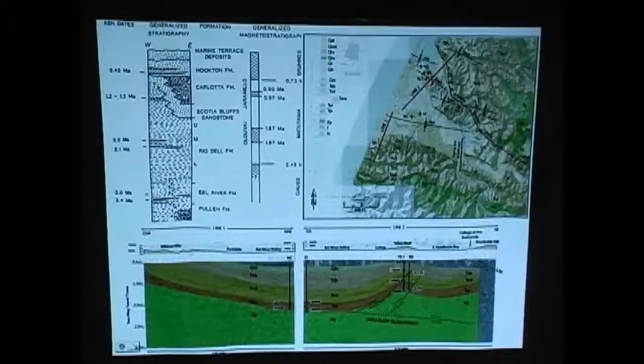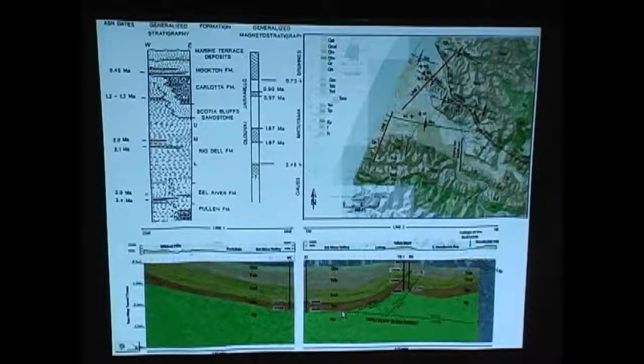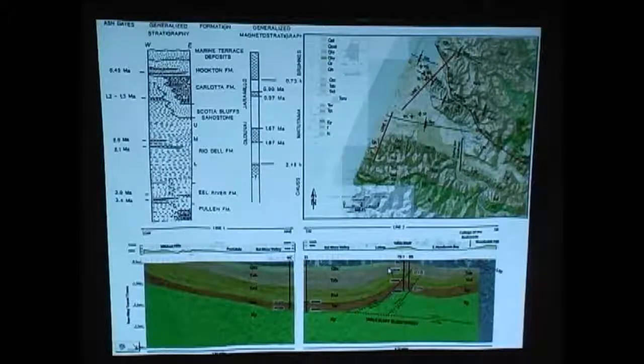And so what we're looking at is a large syncline. Well, it's complicated by internal faults and folds, but basically a large syncline across the Eel River Valley of what originally was flat-lying, constant thickness, pretty much, sediments which have gotten warped into this synclinal form.